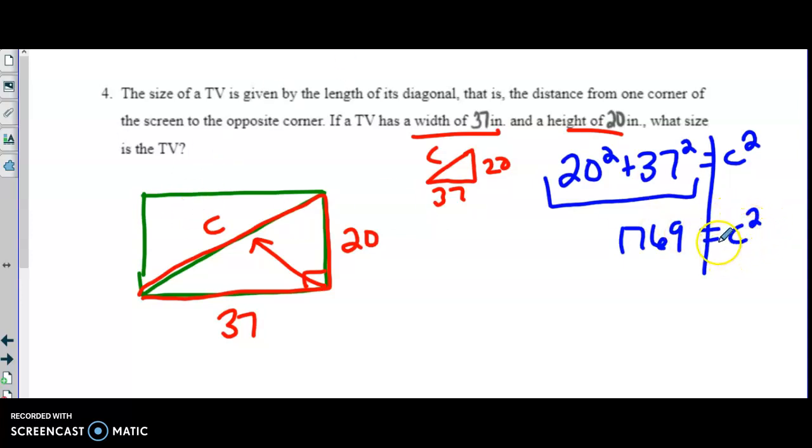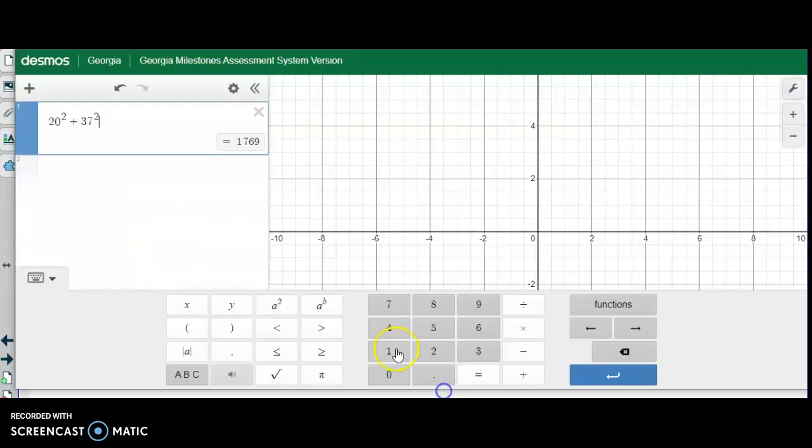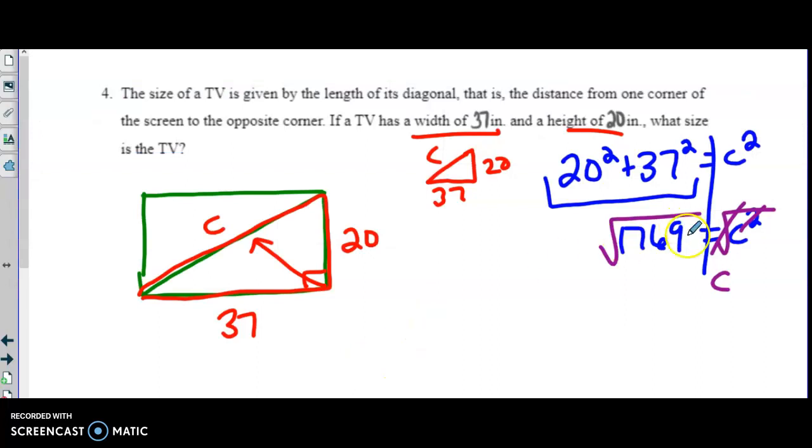The opposite of squaring is square rooting, so we will square root each side because squares and square roots cancel. And then the square root of 1,769, let's see. Oops, I missed a 7 there. That's approximately 42 inches. So this would be a 42-inch TV.